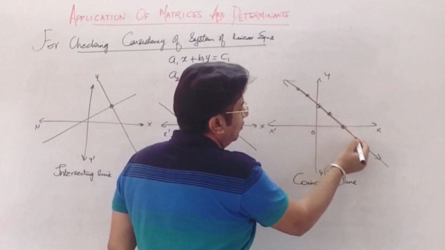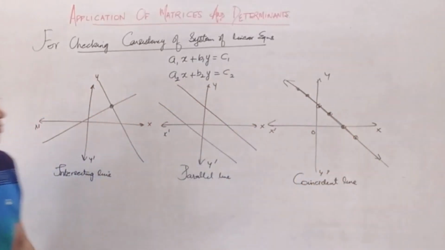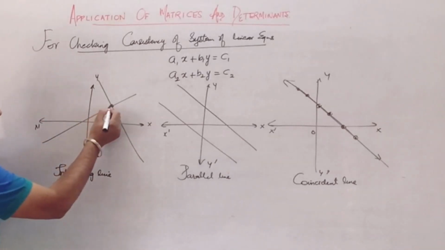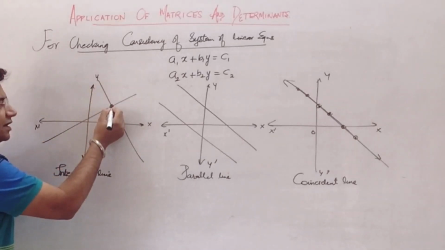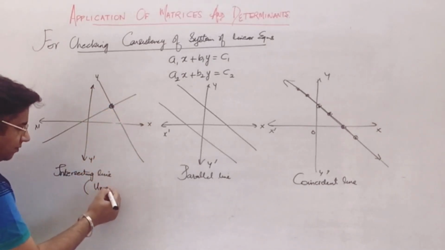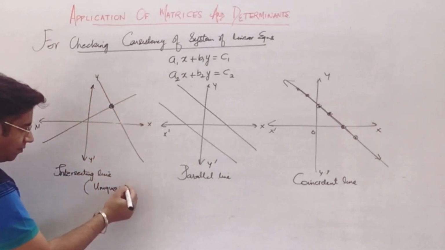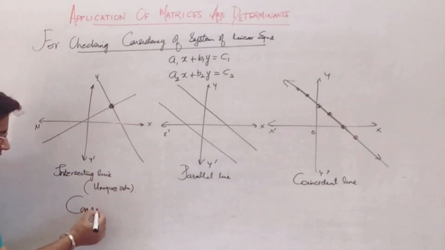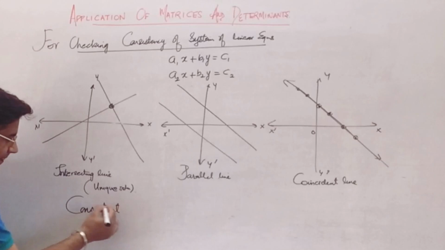Now we'll see what will be the consistent system. If two lines intersect at a point, we get a unique solution, and this system is said to be a consistent system.